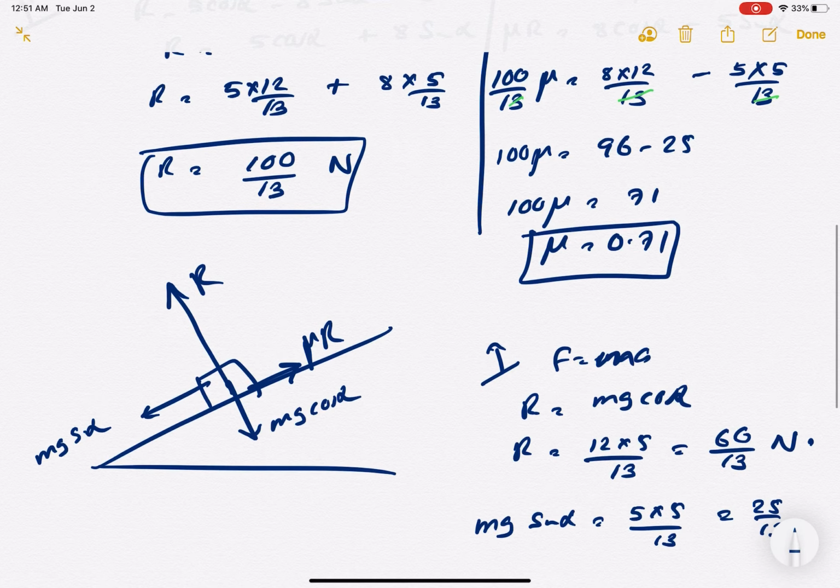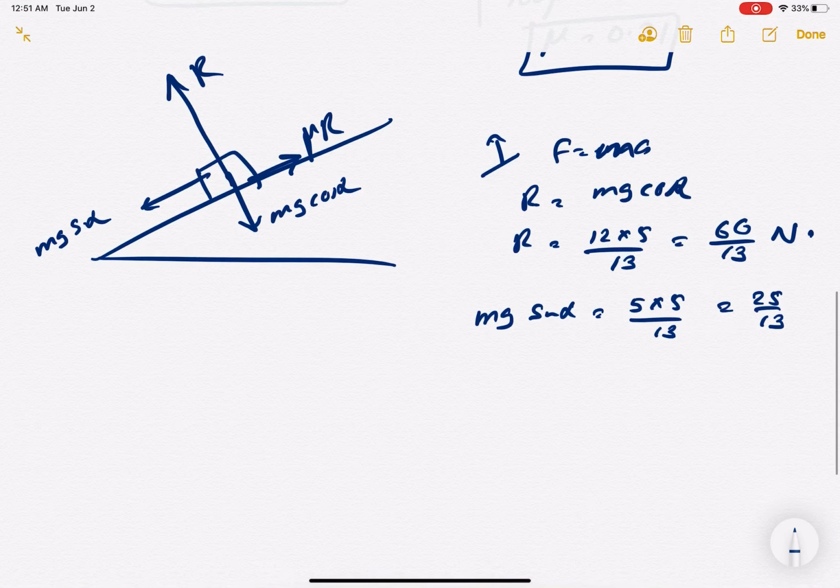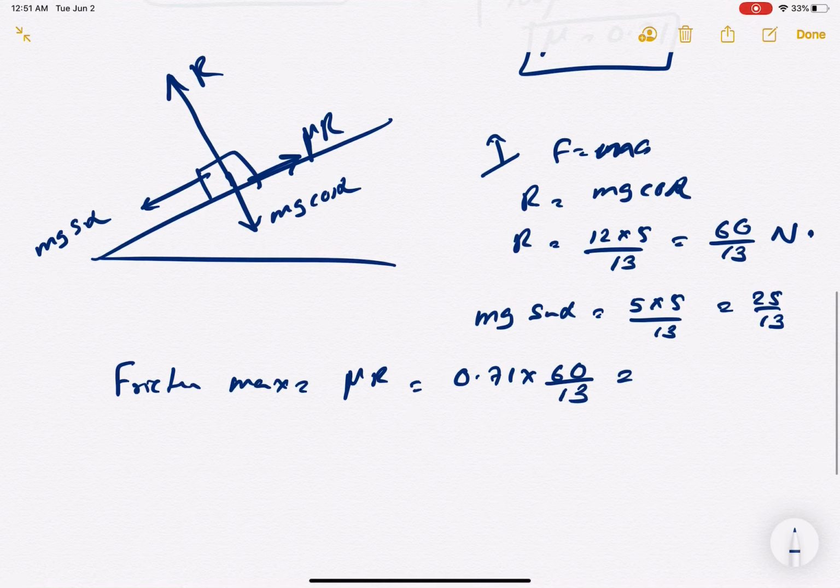The maximum value of friction should be equal to mu R. So this is 0.71 into 60 over 13, which is 3.276 newtons.